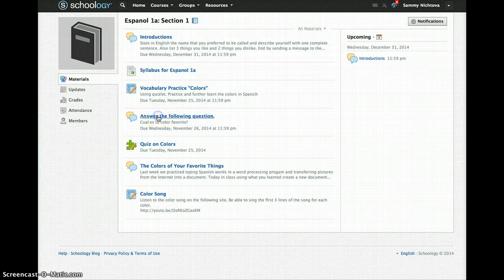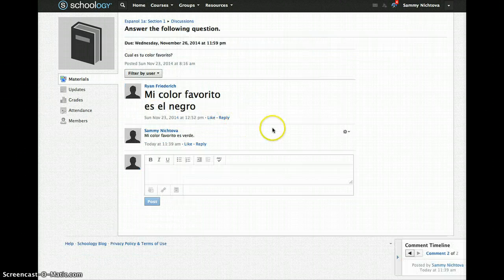In this discussion board, students are asked what is their favorite color, and then they respond accordingly and see other people's information as well. Right now, I don't see a way directly on Schoology to have a synchronized learning activity.